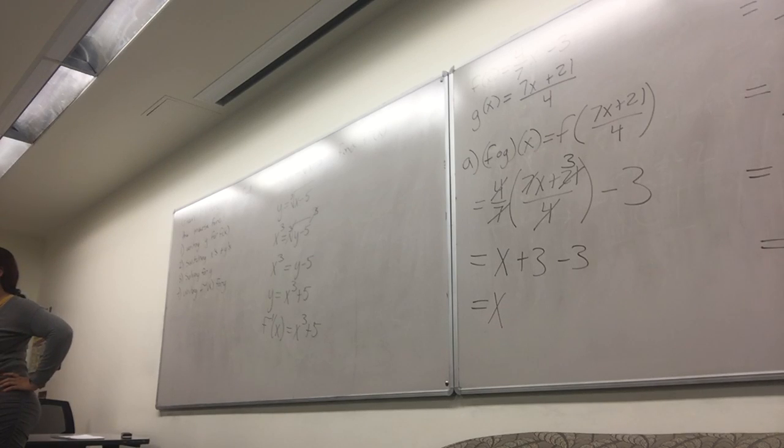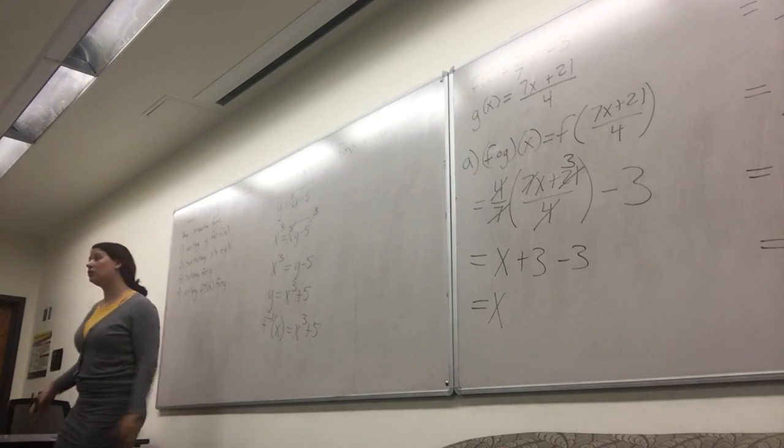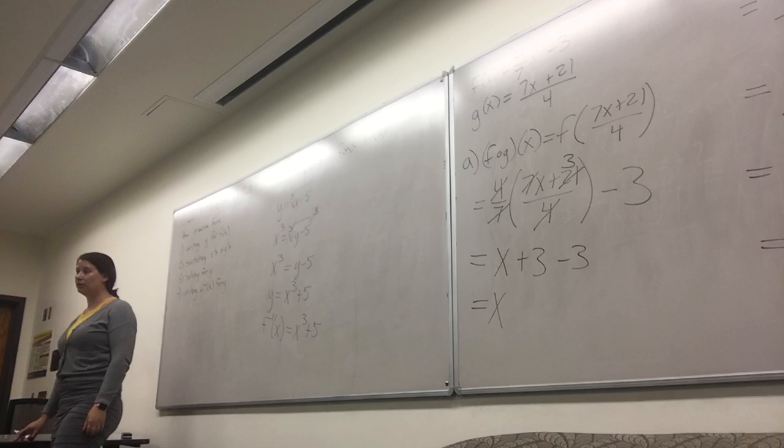Okay. How could we check this? Plug it in. Compose them, just like we did with f and g, right? If we find that f of f inverse and f inverse of f both give us x, then we solved it right. Okay, so if you're ever questioning if you did the algebra correct, you can always plug them into each other.